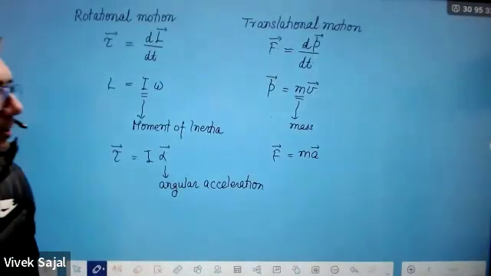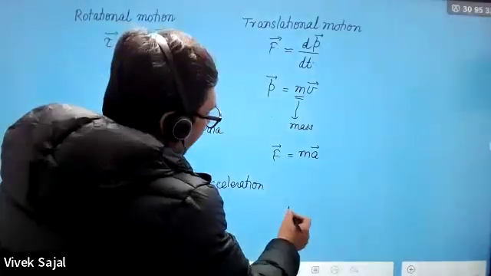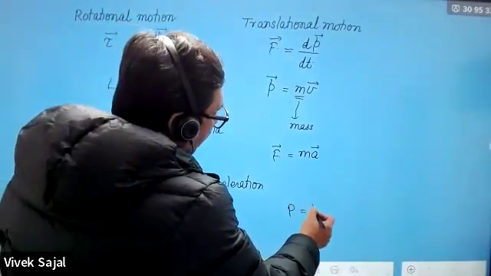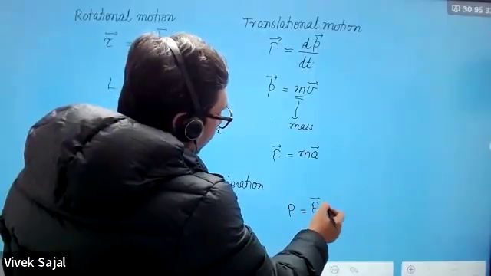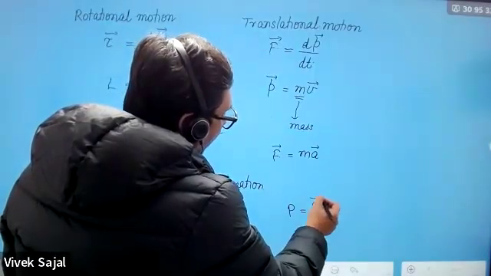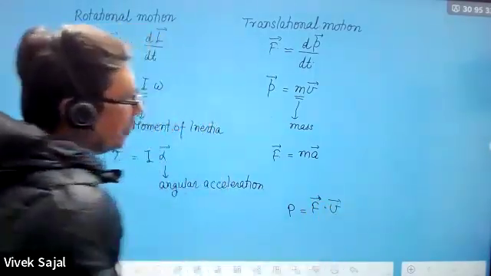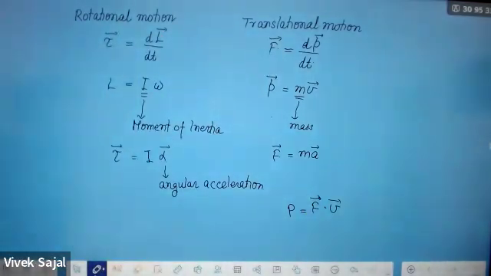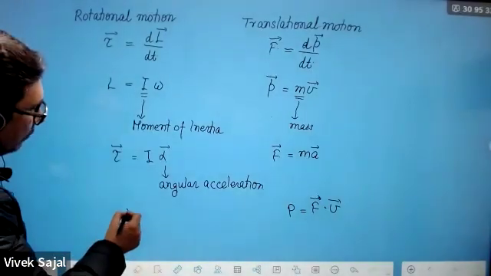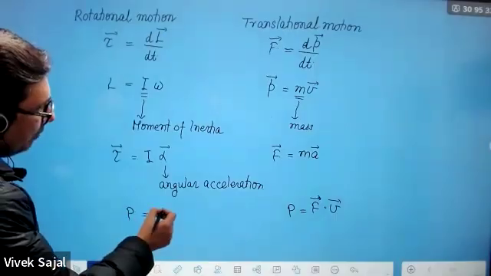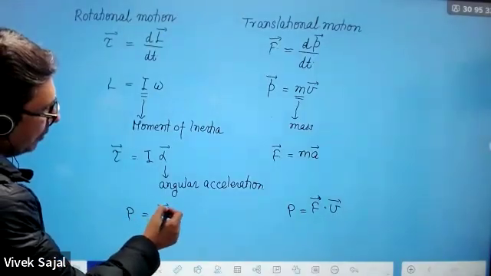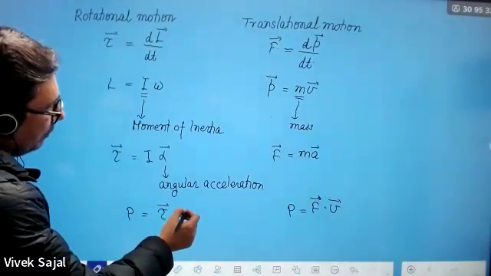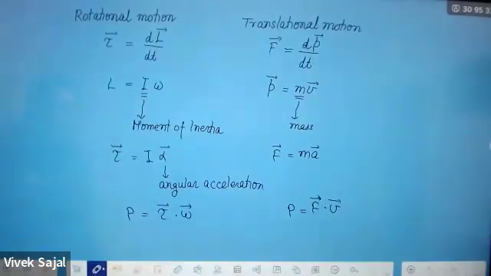Now here power, if you look at power, it will be F dot V. ठीक है. Power in case of translational motion can be written as F dot V. Here, power in case of rotational motion, F will be replaced by torque, and V will be replaced by omega vector.